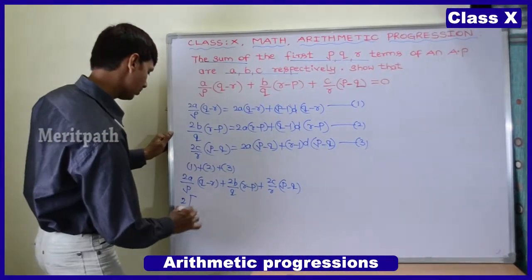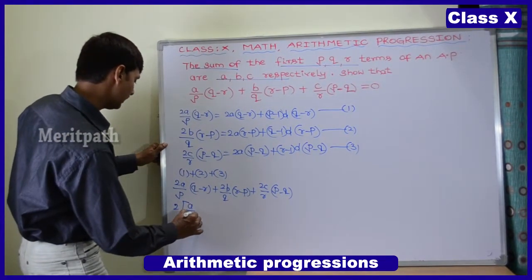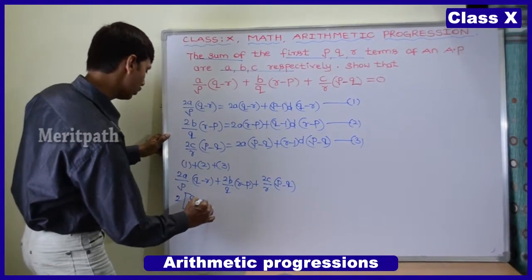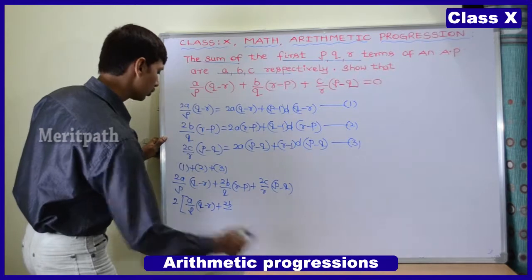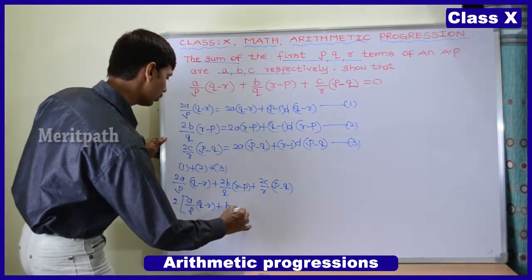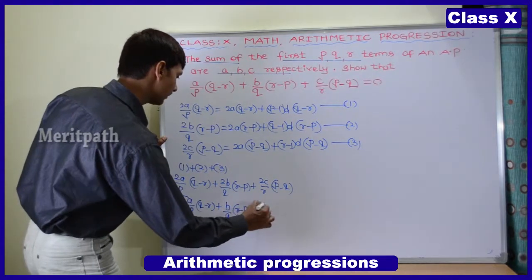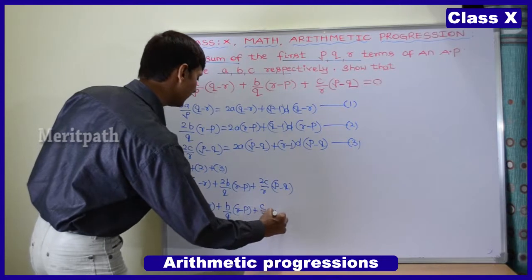It becomes 2 times a by p into q minus r plus b by q into r minus p plus c by r into p minus q.